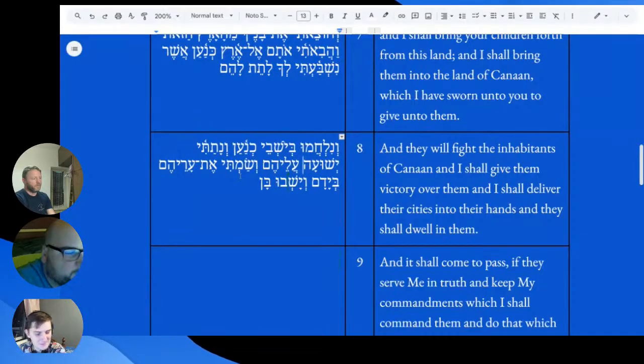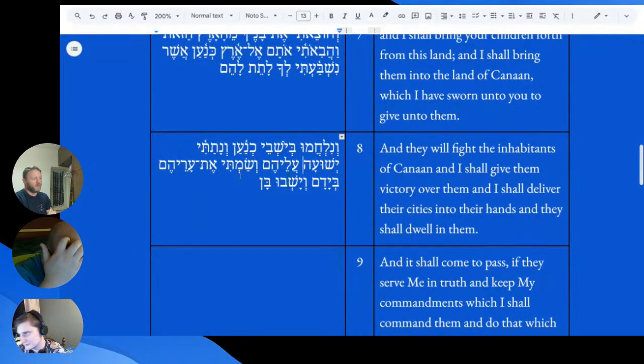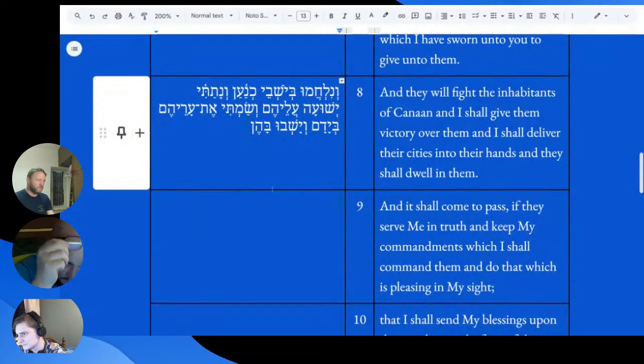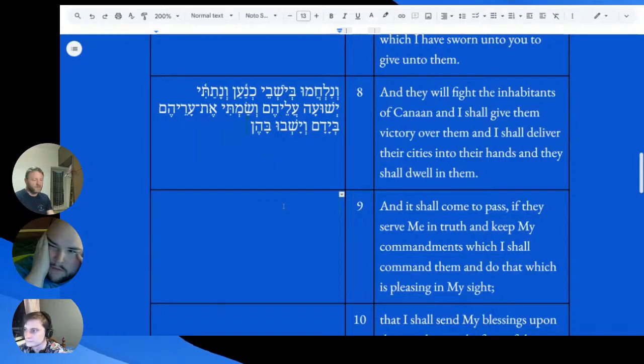Veyashavu in them. Ban or bahen? Bahen. Veyashavu bahen. That probably also would have a soft bet, but okay. I just assumed it was the same as bahem. Bam is also bahem; bam is used. I feel like those are used the same.